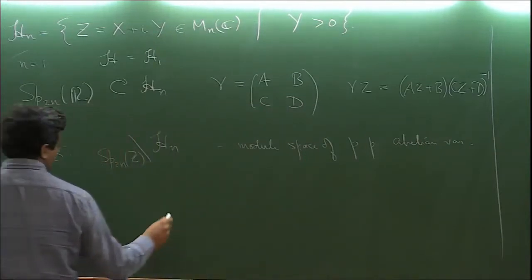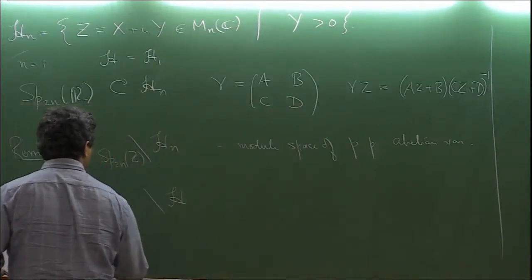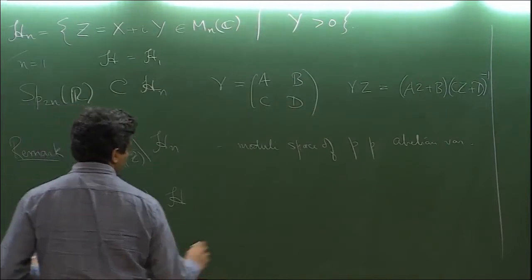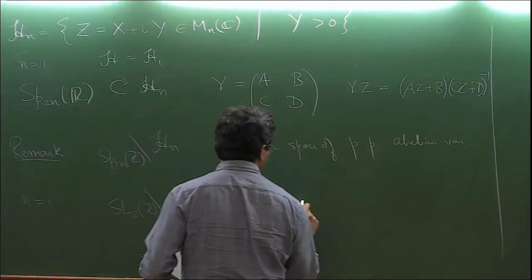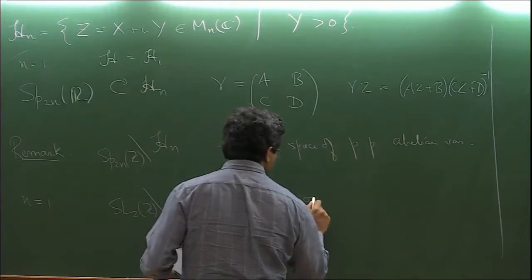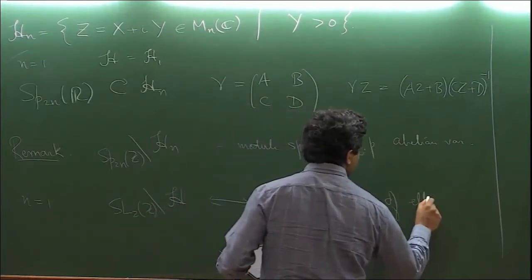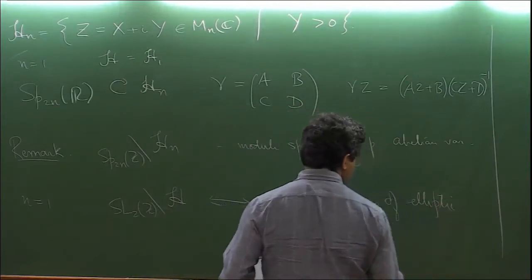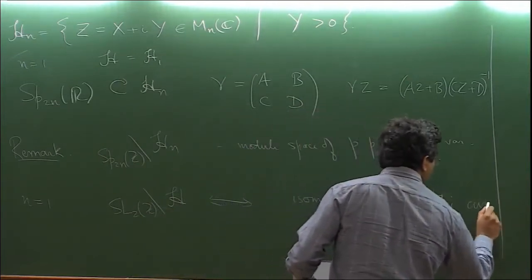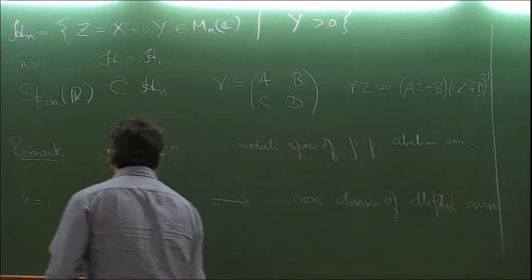So when n is 1, you have H over SL_2(Z), and you get isomorphism classes of elliptic curves. Every elliptic curve has a principal polarization, so I don't need to say that word here.